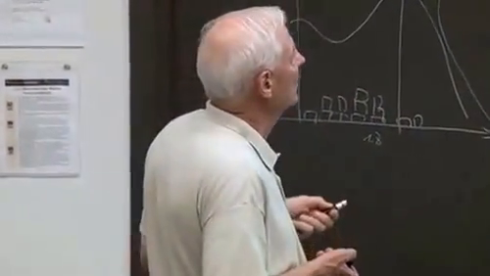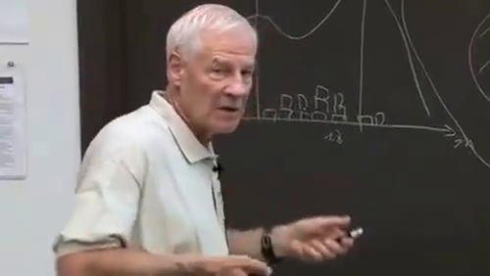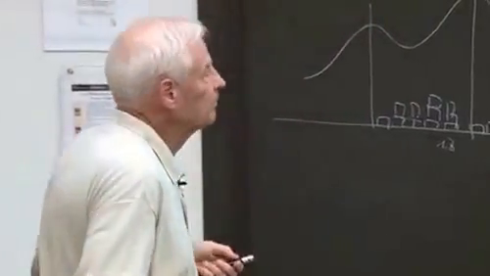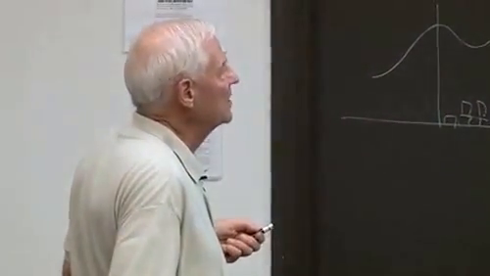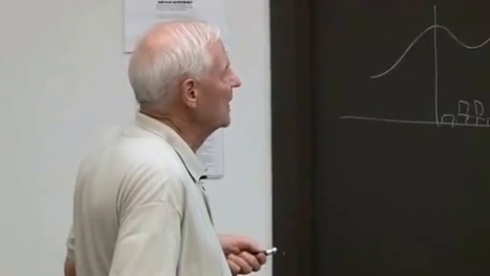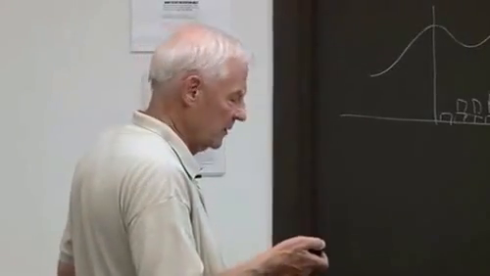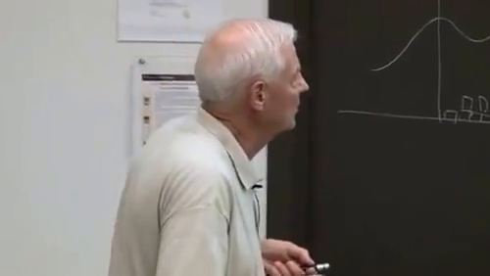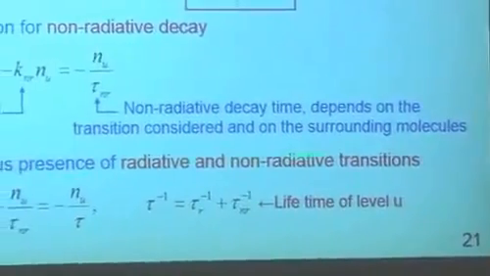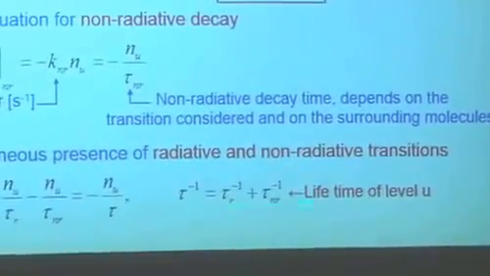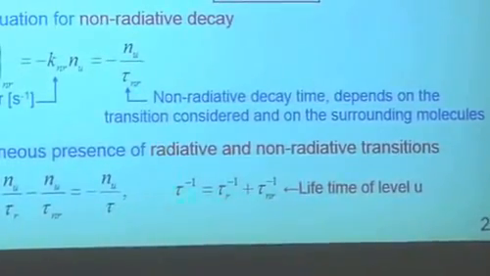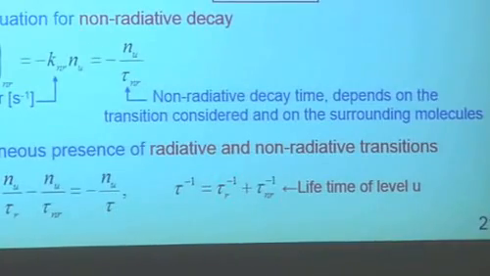So there's the radiative decay rate and the non-radiative decay rate. The A's are independent of collisions, but this one depends upon the number density of the colliders and the collision frequency. When you have both of them acting together, you can observe a lifetime where 1 over tau is the sum of the individual terms.